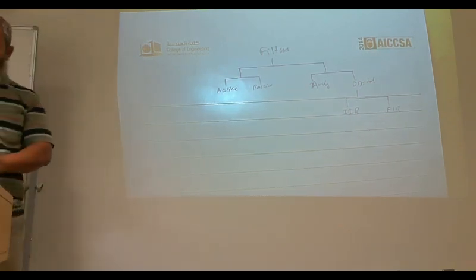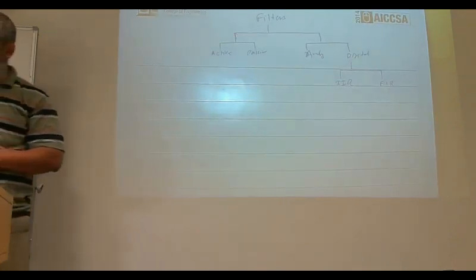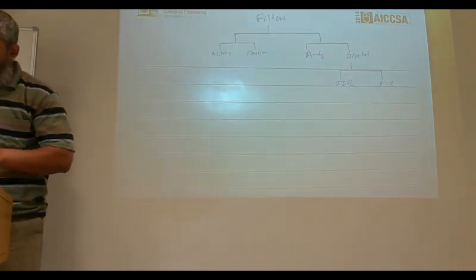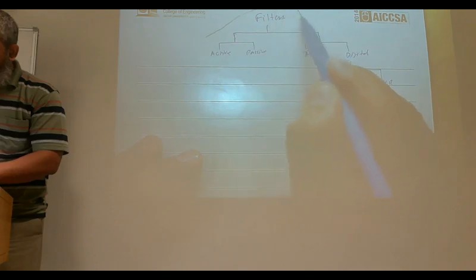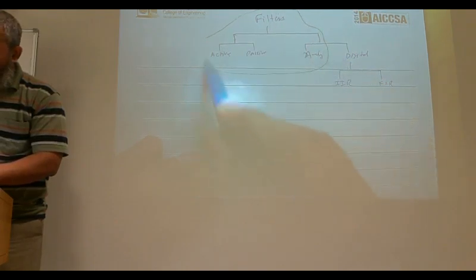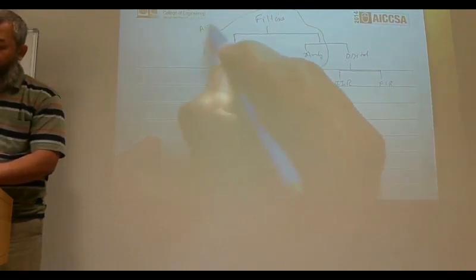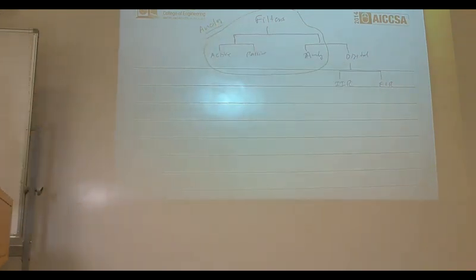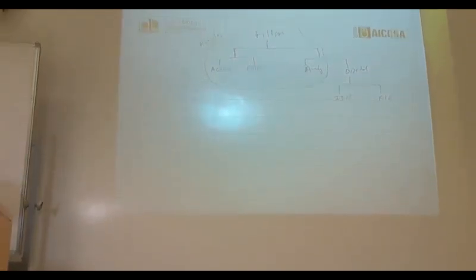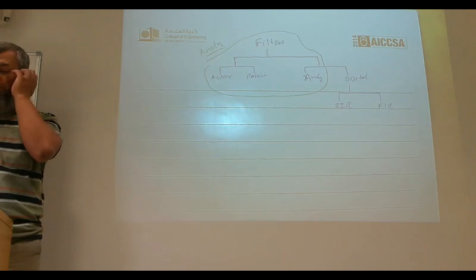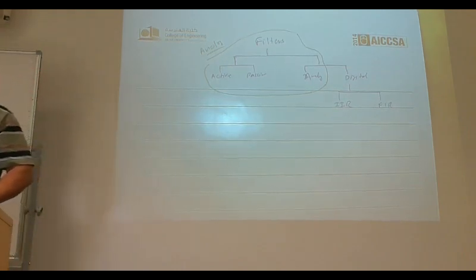So in this small tree that we have covered, all of this means analog. Active filter, passive filter, analog filter, all of these are different types of analog filter.